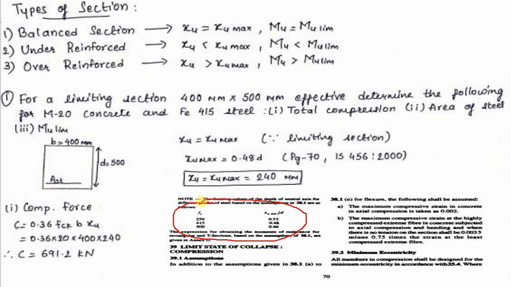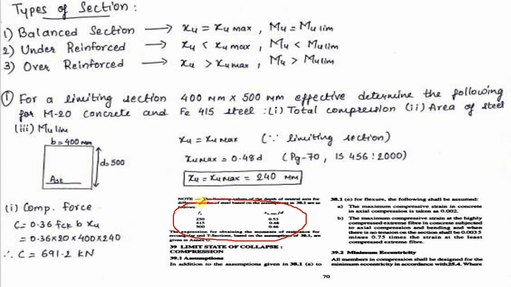From the first column, as it says fy, again repeating, f stands for strength and y stands for yield, so it means yield stress or yield strength. Basically it is denoted for steel or grade of steel. And the second column is Xu max by d.